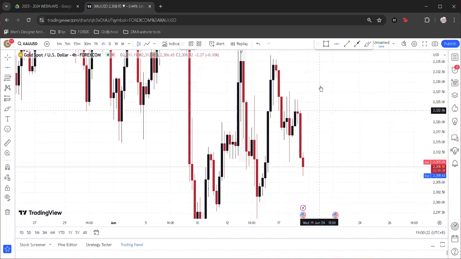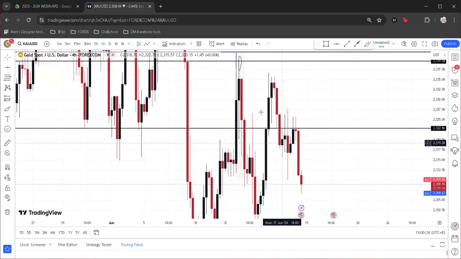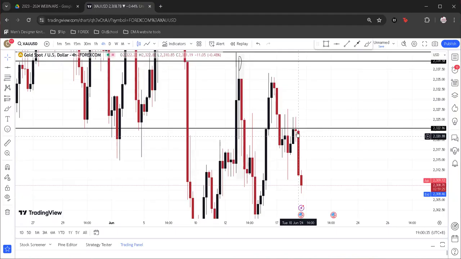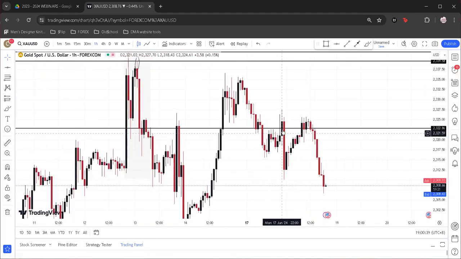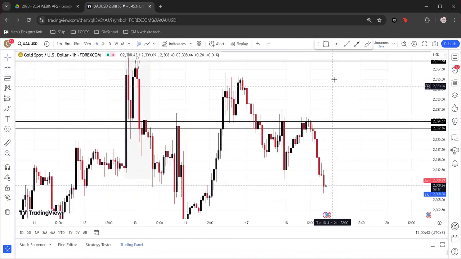So what's your first look at your 2 o'clock time? Do you see any bullish momentum here on the higher time frame? You don't see any bullish momentum on the higher time frame. And on the lower time frame, do you see any bullish momentum? No, because it is still closing beyond the resistance point.